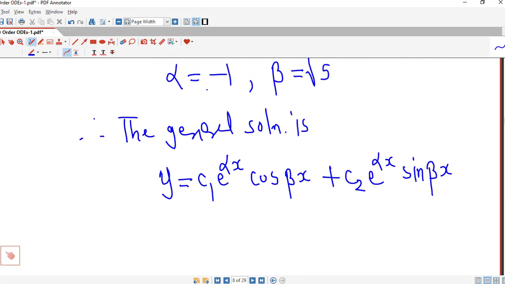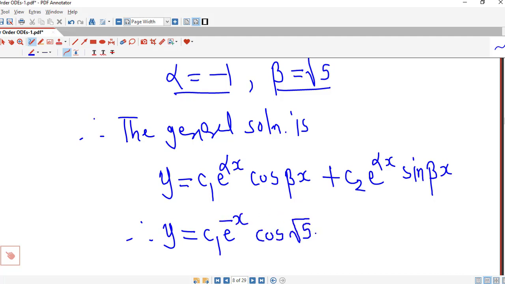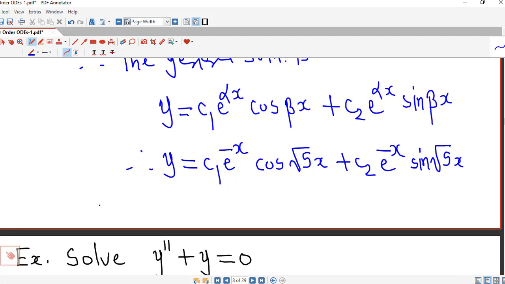Here alpha is minus 1 and beta is square root of 5. Therefore y equals c1 e raised to minus x cos square root of 5 x plus c2 e raised to minus x sin square root of 5 x, where c1 and c2 are arbitrary constants.